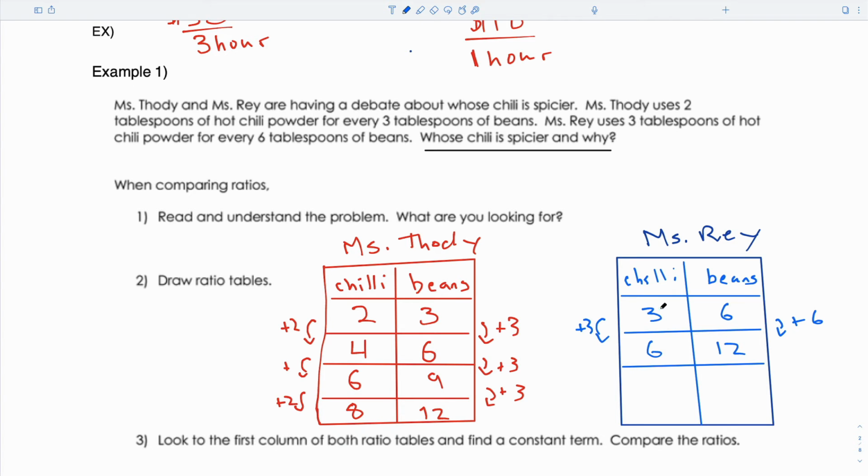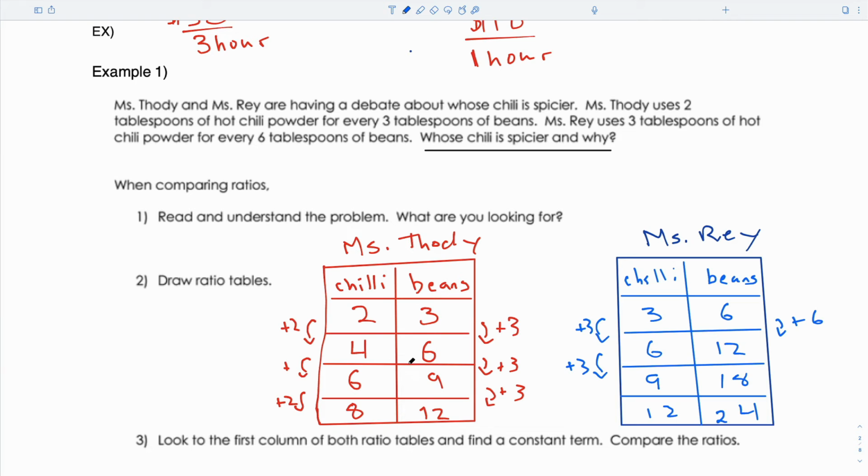So she uses 3 tablespoons of chili when she uses 6 tablespoons of beans. This is like cooking, you're using measurements. If she wants a bigger batch, she uses 6 chili and 12 beans. We can add 3 again. When she has 9 chili, she has 18 beans. When she has 12 chili, she has 24 beans.